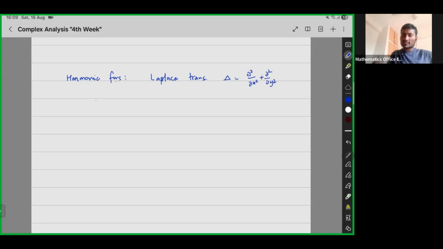So harmonic functions are those functions from omega, which is a subset of the complex numbers, or a subset of the plane R2, which is open and connected. The harmonic functions are those which become the zero function after applying the Laplace transform, right?